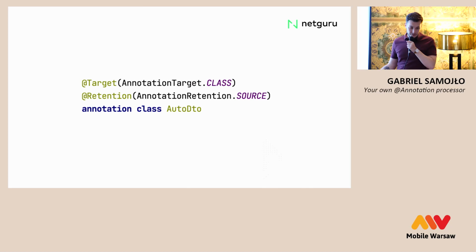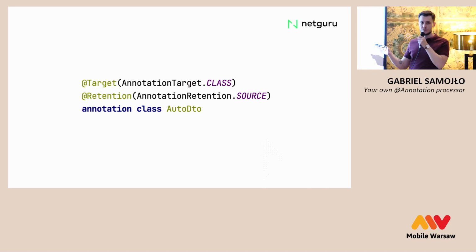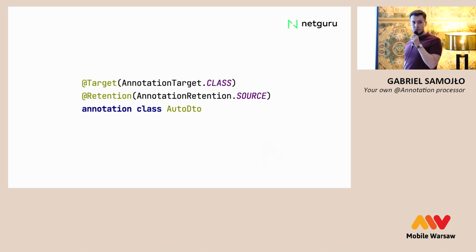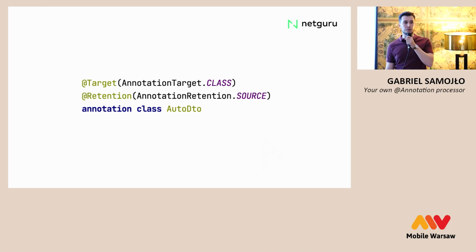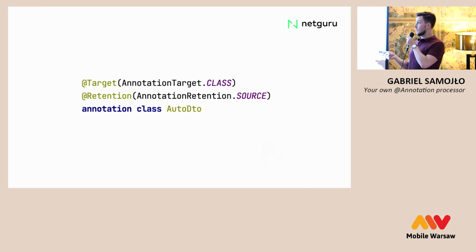Let's create the annotation. It takes all of three lines of code, and we can omit the first two, to be honest. First, we need to specify the target of the annotation, and the target is basically where you can put your annotation, because we can have class, field, constructor, getters, method, etc. So we have plenty of options here.